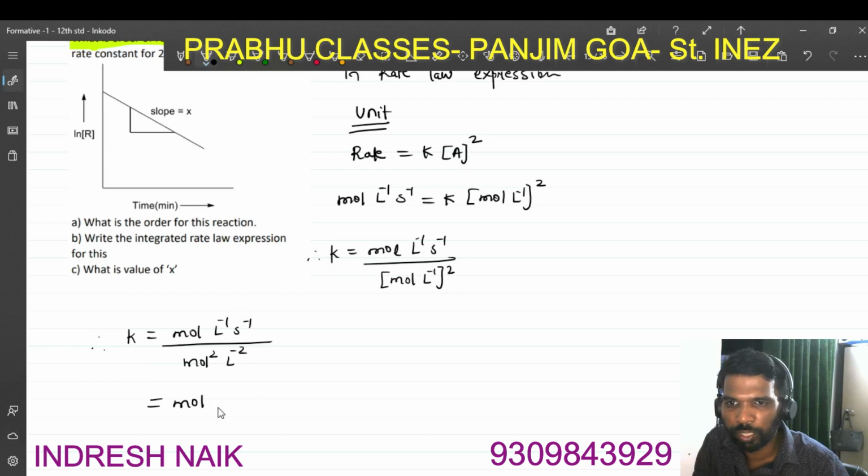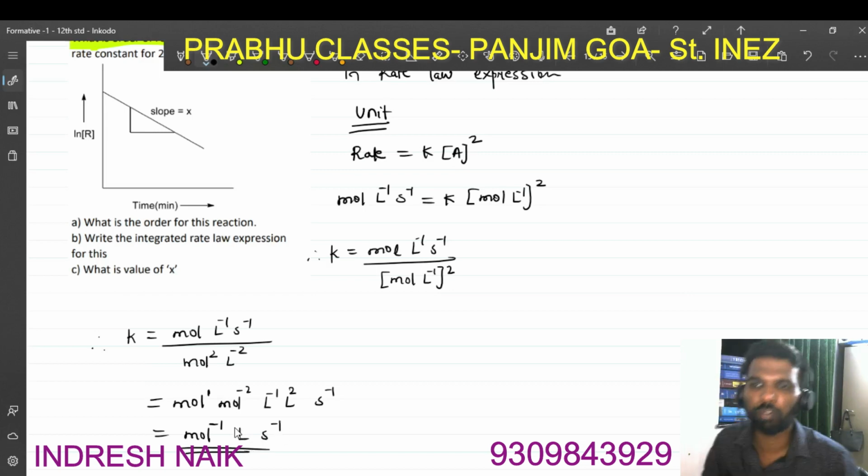Mole in the numerator has power 1, and in the denominator mole raised to 2. When I take it to the numerator, it becomes mole raised to minus 2. This is liter per liter square, which in the negative sign becomes 2, and per second as it is. So 1 minus 2 is minus 1. So per mole, liter, and per second. This is the unit of the rate constant.